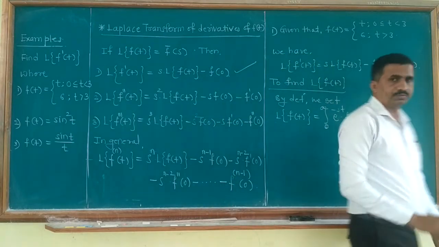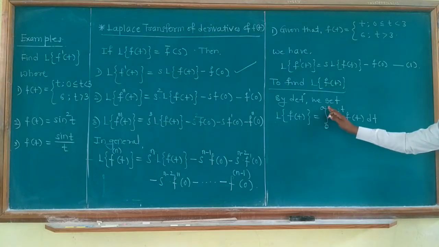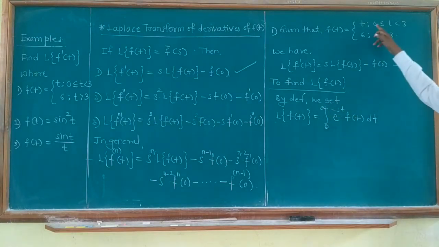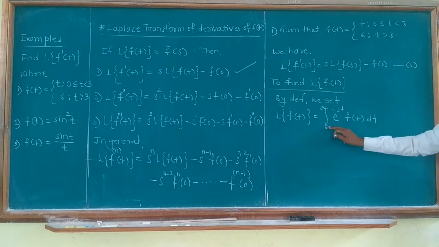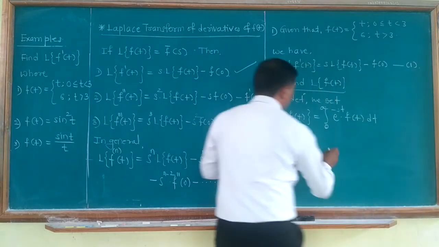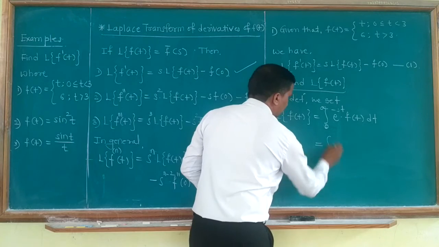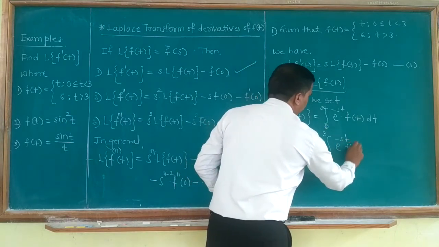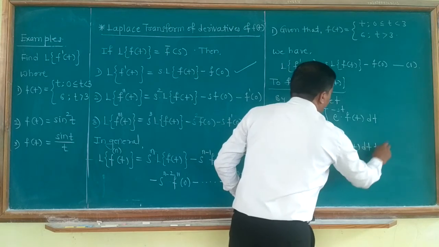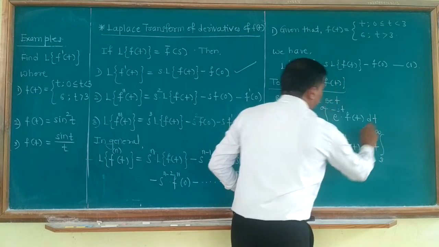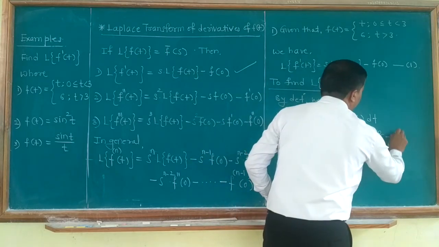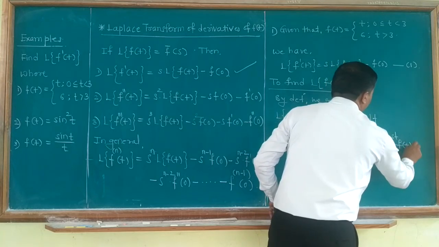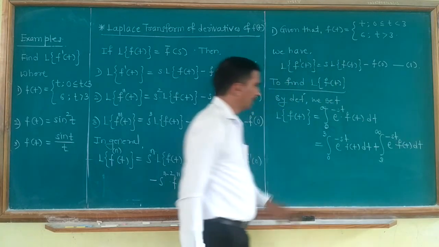But here the limits are 0 to infinity, while in the given example the limits are 0 to 3 and 3 onwards. So you have to split this integral into two parts. This is equal to integration 0 to 3 e raised to minus st f of t dt plus integration 3 to infinity e raised to minus st f of t dt.